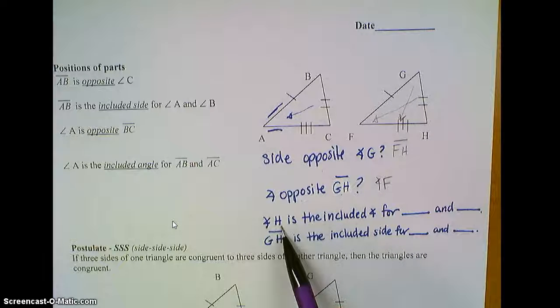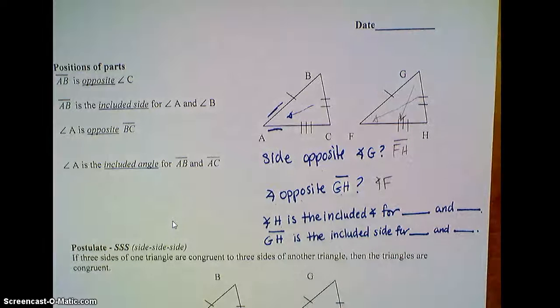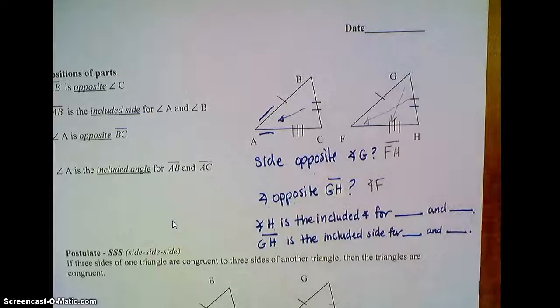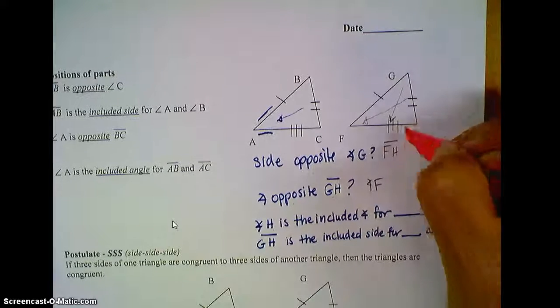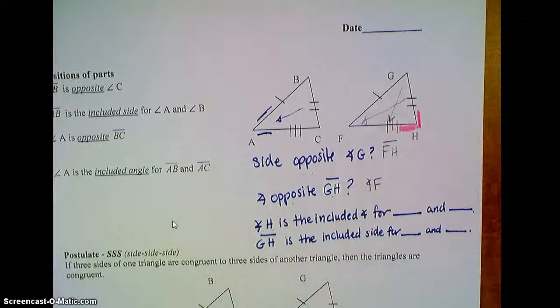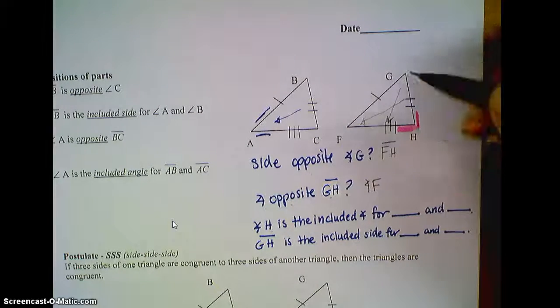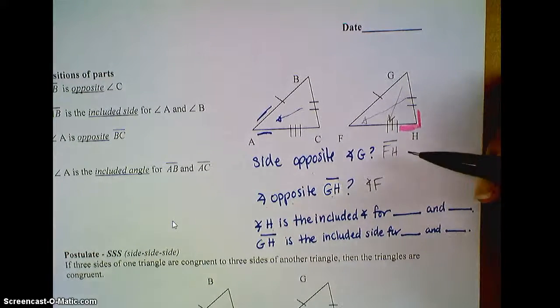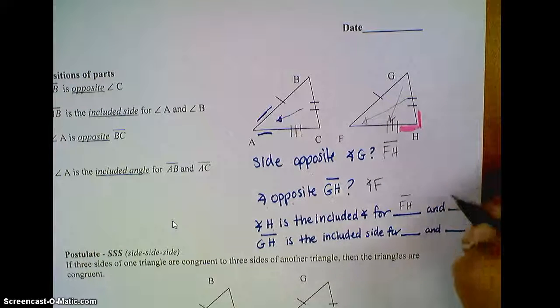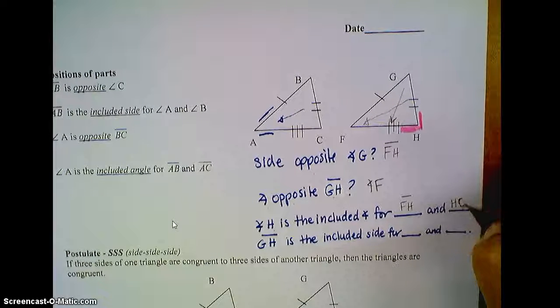Then it asks the next two about the included angle and the included side. Take a second, think about that. Okay, angle H is the included angle for, so I go ahead and I'm going to look at angle H, and the two sides that form angle H, the two sides that are including angle H, would be segment FH and segment HG.